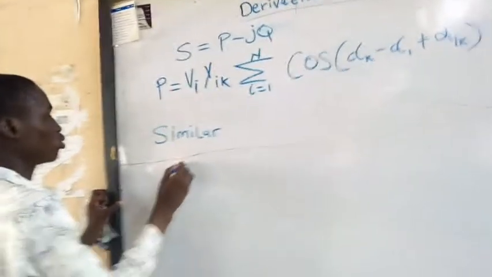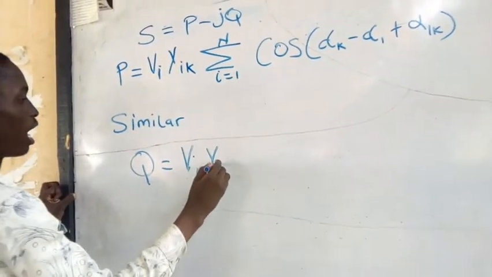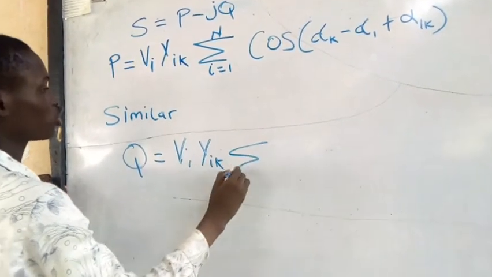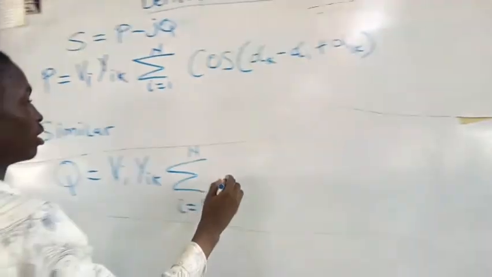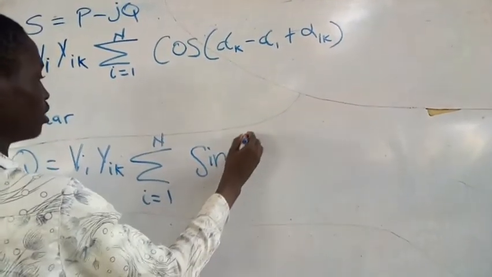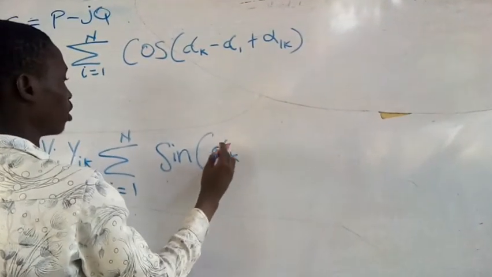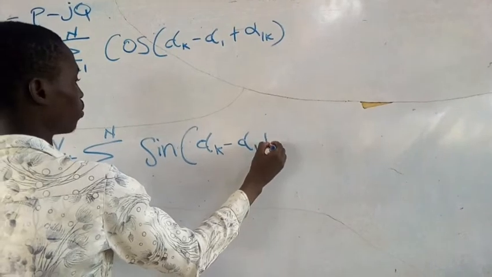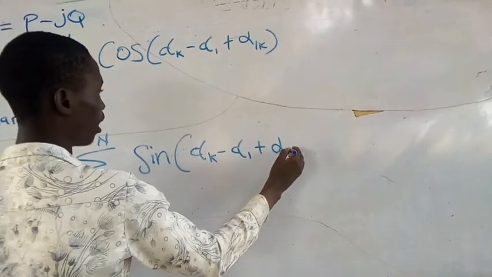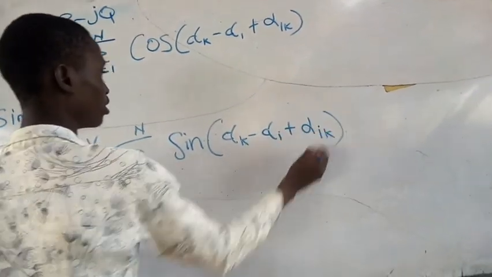Similarly, for q, say q is equals to the same thing, vi, yik, summation of natural numbers when i is equals to 1, then sine into bracket dk minus di plus alpha ik.